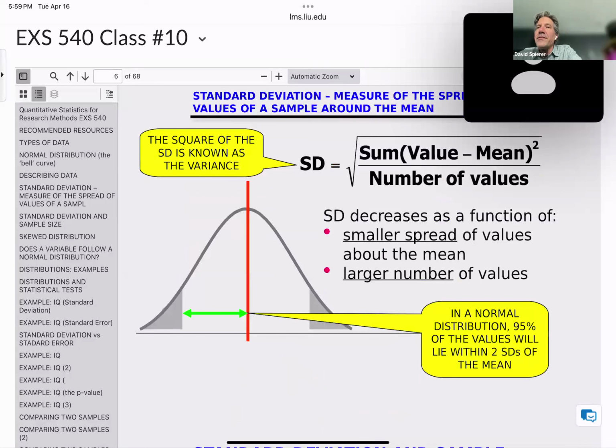So meaning all of the people who I test, the 50 people who I test, 95% of them will score within 2 standard deviations of the average.